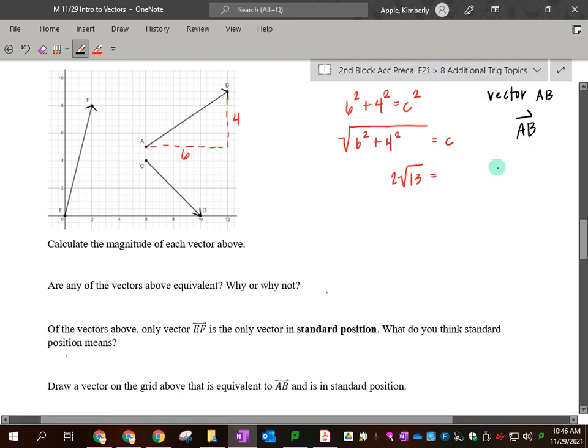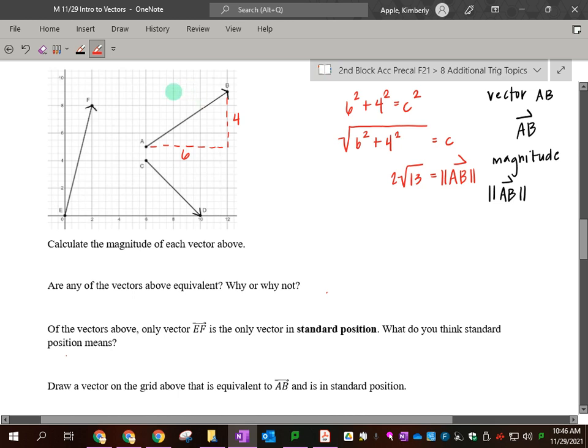And then the magnitude of that has another notation. And it's done with double absolute value bars. So if you see this, we read this as the magnitude of the vector AB. So that's what this is. This is the magnitude of AB. Double absolute value bars. But that's how that's found, right?